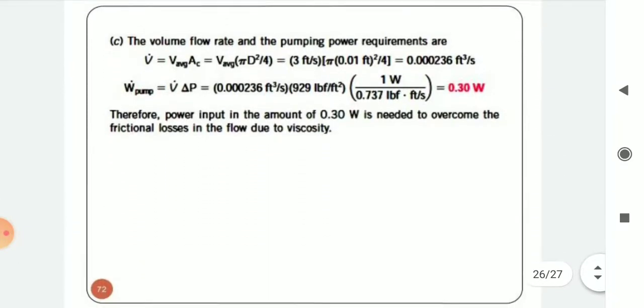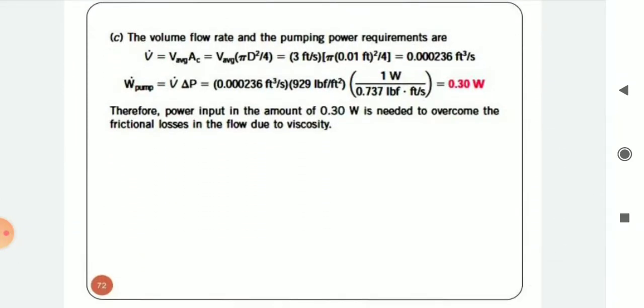In the third condition, C, the volume flow rate and the pumping power requirement are: V dot is equal to V average into Ac, which is V average into pi d square divided by 4.